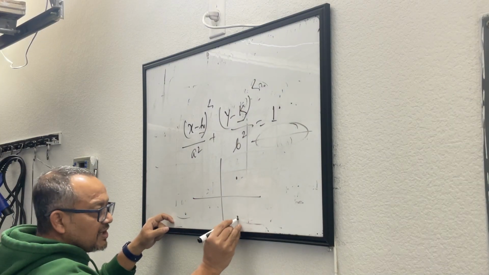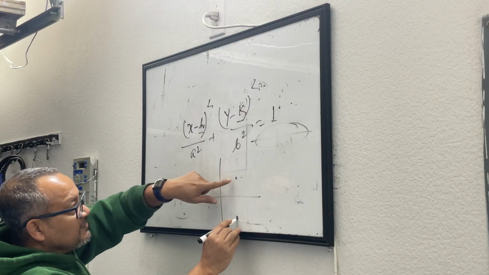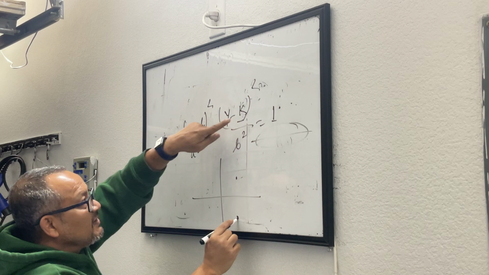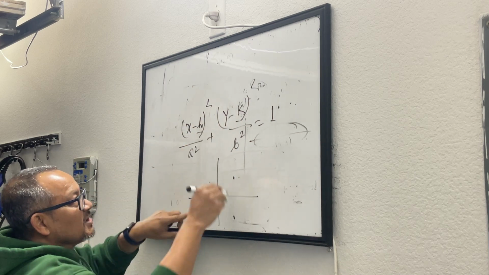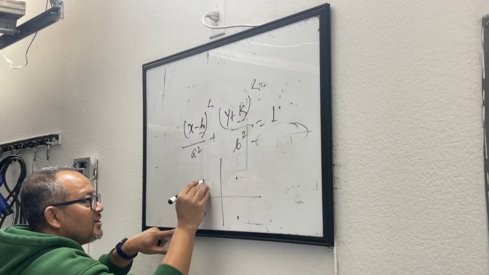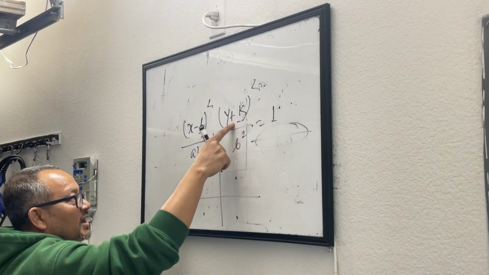If it moves here, your h will remain positive, but your k will become negative. So this will become y plus some number. So depending on where your center has moved, you have to be careful about it.